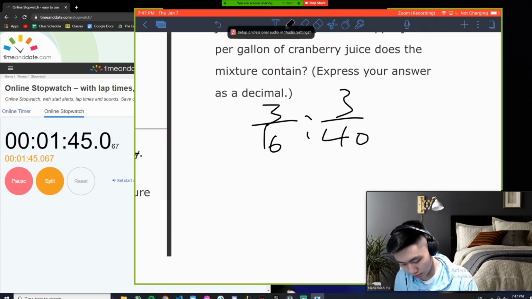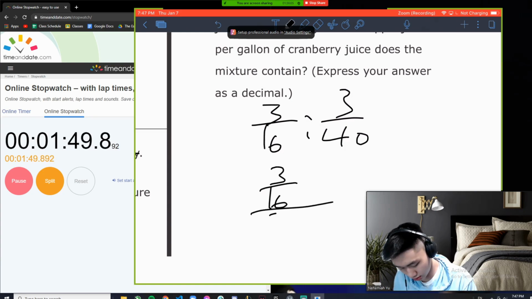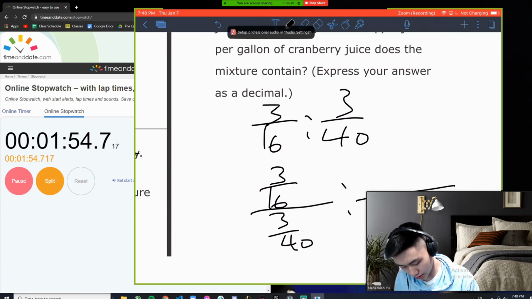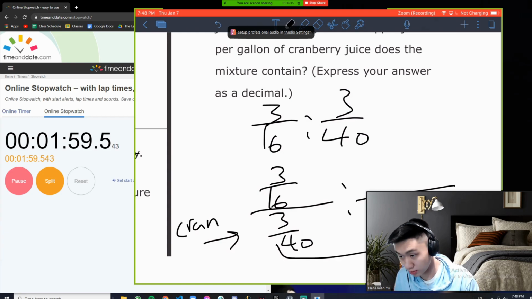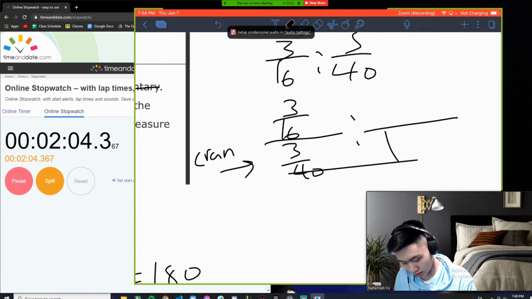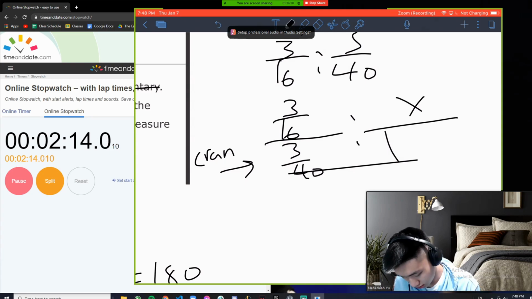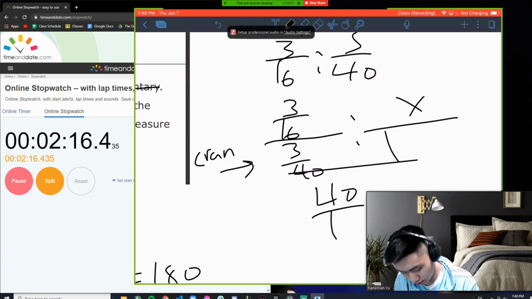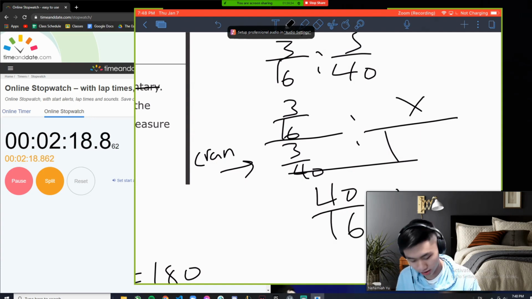Okay, so you can set up a proportion. So this is apple juice to 1 gallon of cranberry. This row is cranberry. And then you're solving for x. The answer is 40 over 16, which is 2.5.